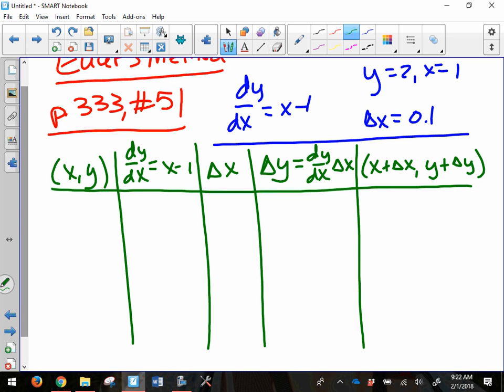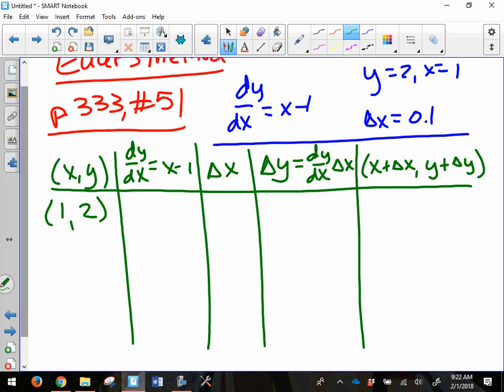So we want to get to x equals 1.3, but we only have information about x equals 1, y equals 2. But I want to know what y is when x equals 1.3. You with me? All right.